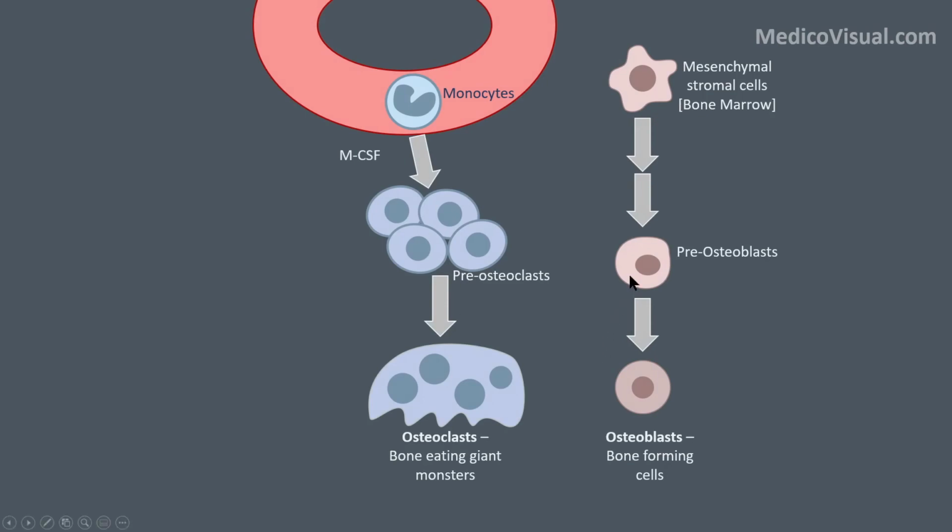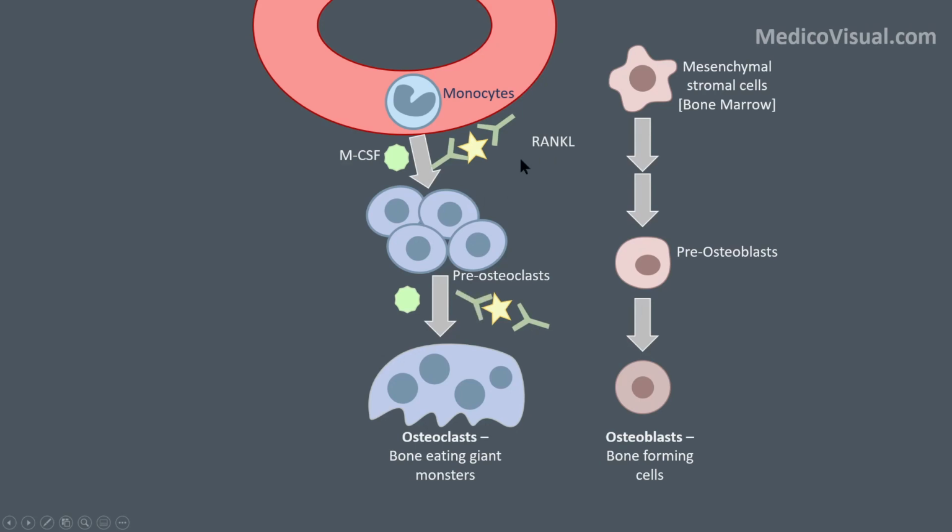Now, as you know, the pre-osteoblasts as well as osteoblasts release RANK ligand as well as MCSF to cause formation, proliferation as well as activation of osteoclast. There is a monoclonal antibody against this RANK ligand.